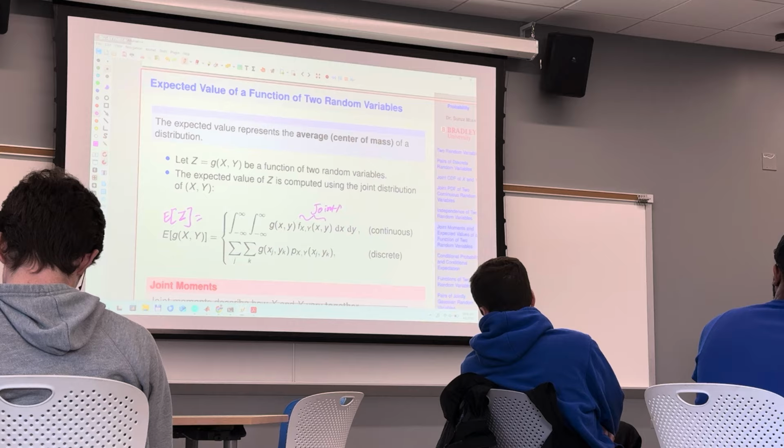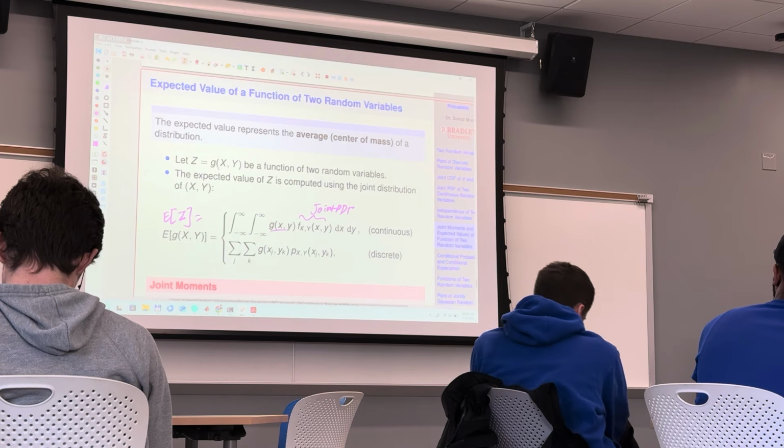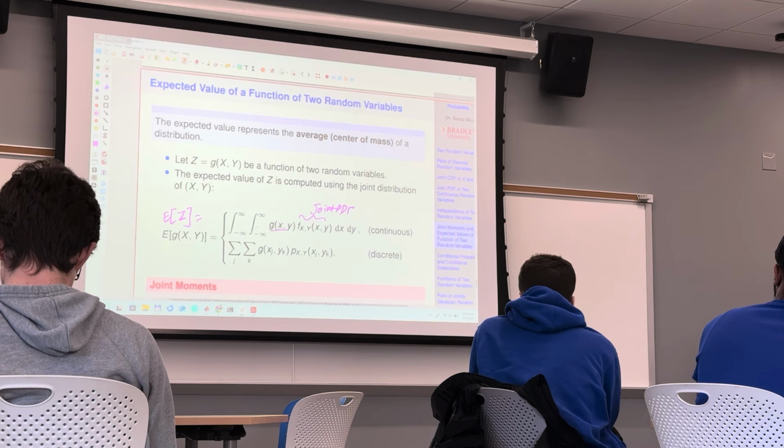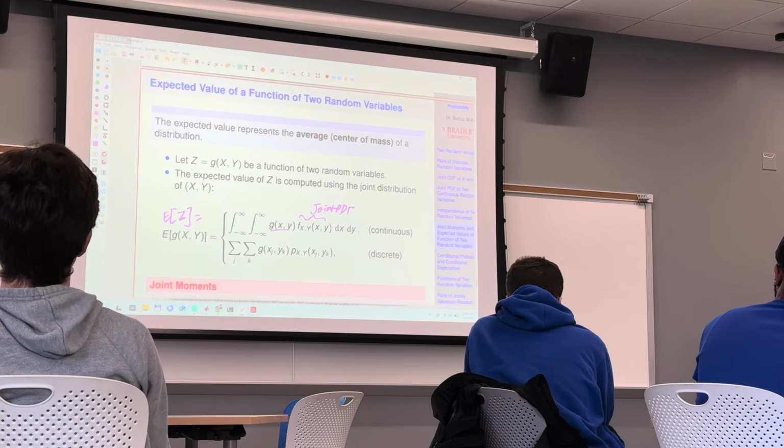This is the joint PDF, and this is the function, whatever function you have, z equals g(x, y). You write the function and integrate, and you get the expectation of z.